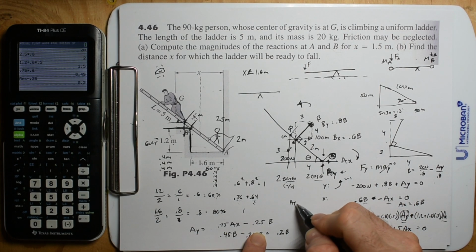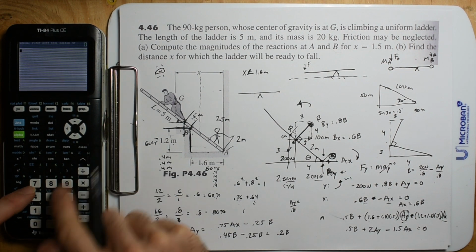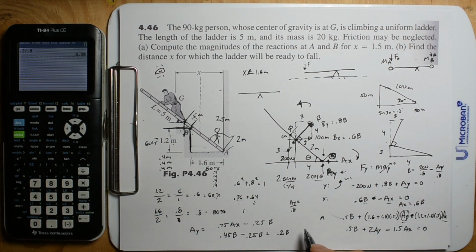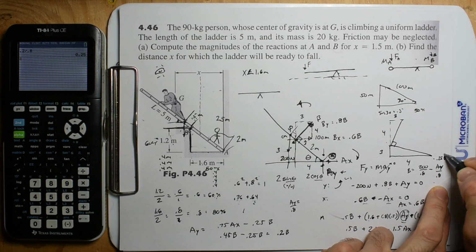So AY divided by 0.8 is 0.2 divided by 0.8. That's going to be 0.25. So this is going to be negative 0.25B.